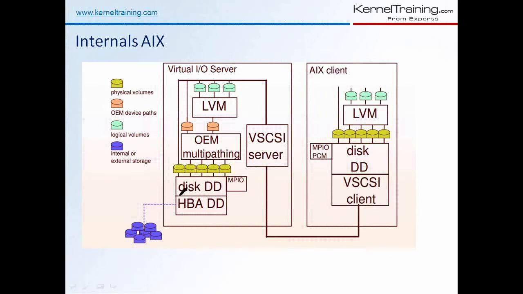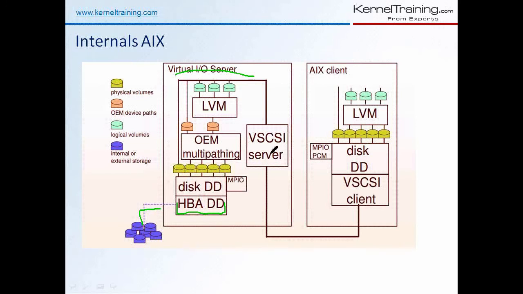So this is my virtual IO server, and these are coming from the SAN, and this is my physical SCSI card, or you can call it FC card. And these are the disk drives coming through the SAN devices using MPIO path or PowerPath.